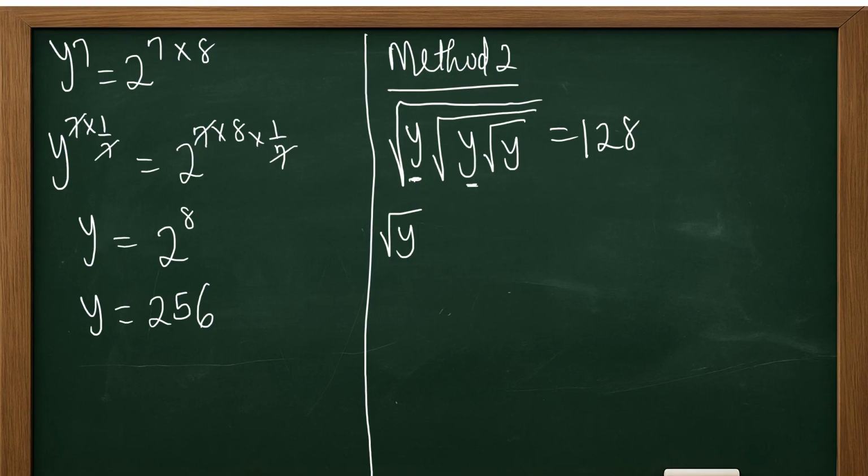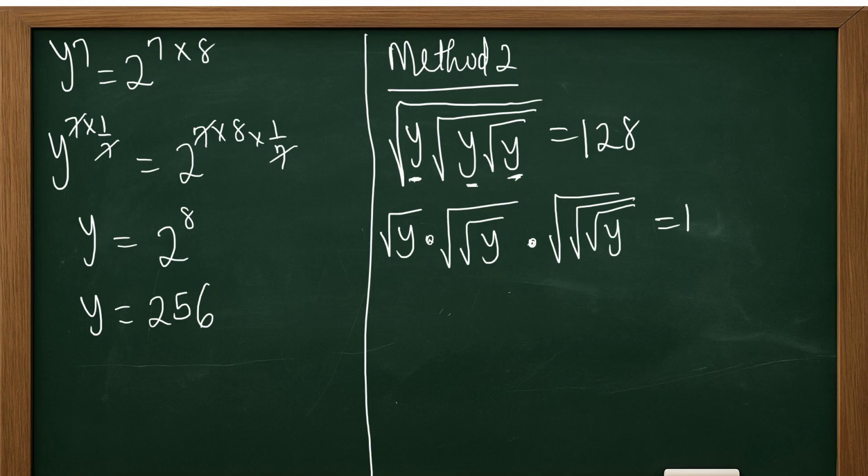And for the second expression, we have the square root of the square root of y. For the third expression, we have the square root of the square root of the square root of y, which is equal to 128.